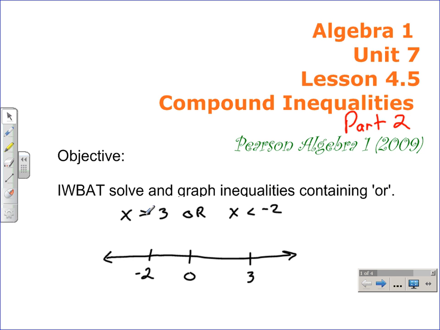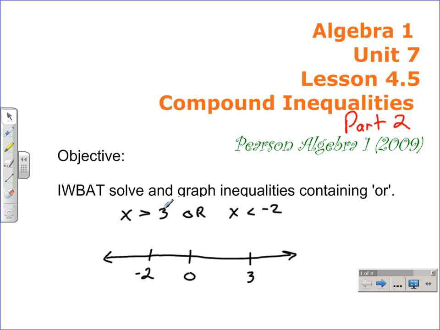And when we graph these things, we really just end up graphing them piece by piece. Unlike compound inequalities with the word and in it, we can't make it a shorter version. It's going to stay like this. It's going to end up being two inequalities joined by the word or to make a compound. We just graph these piece by piece.